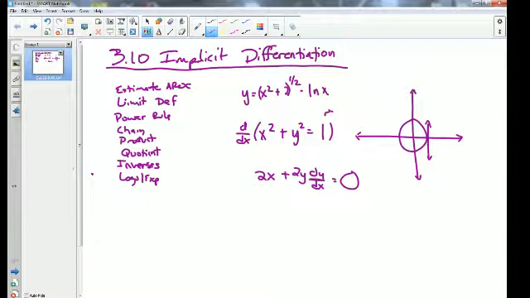Now we will usually solve for that because we're used to getting dy/dx equals, or y prime equals. So now we're just going to move everything. Subtract 2x. It's just an algebra problem at this point.